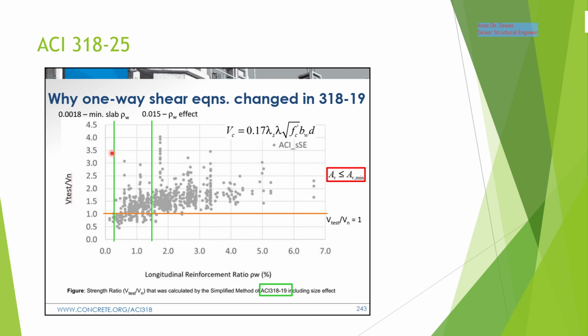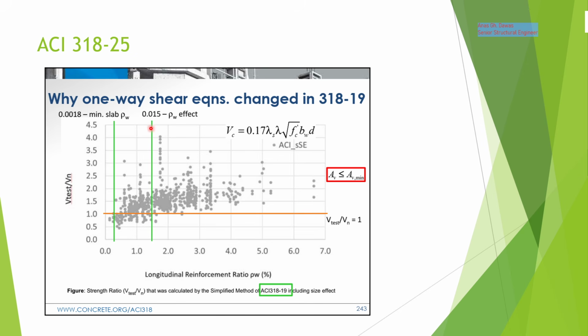As you can see here, in this area, when the steel ratio is below a certain level, a good portion of the samples also failed, or I will say failed on a shear value less than the expected one by this equation. So from here, they start to focus on the effect of the flexural reinforcement.